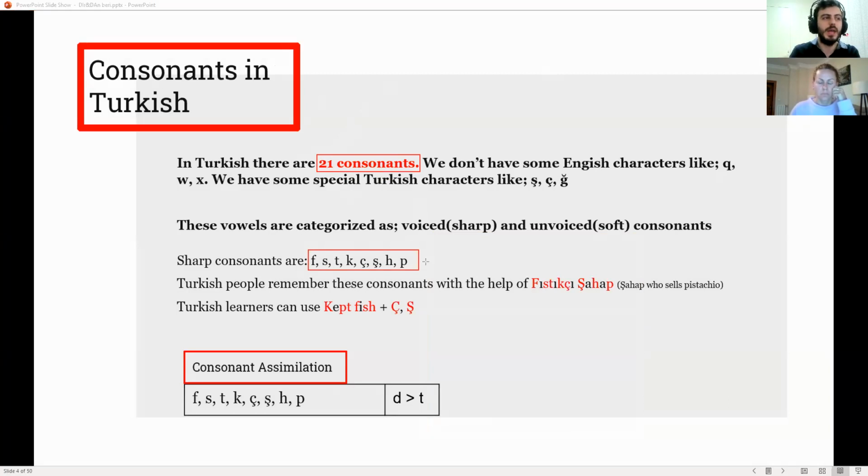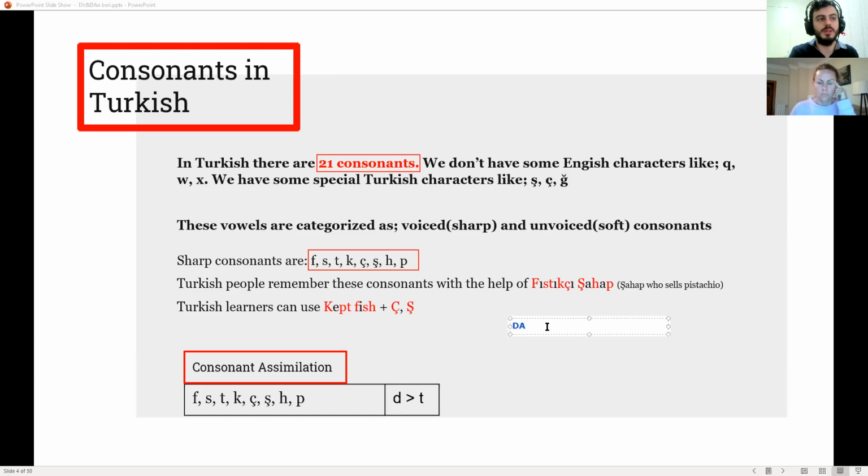So when I have a suffix that starts with a D, I change my D to T. A quick example is the locative case. If I want to say in, on, or at, I put this suffix.